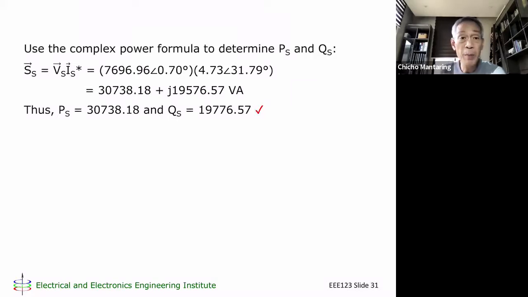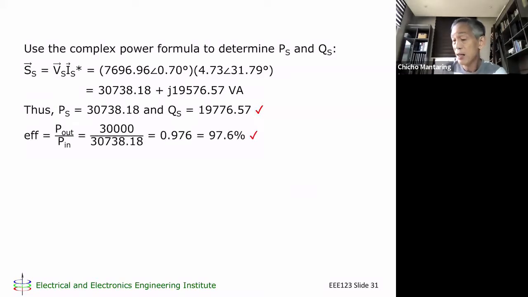Then use the complex power formula to determine P's of S and Q's of S. And finally, your efficiency, which is the power delivered to the load over the total power supplied by the source.